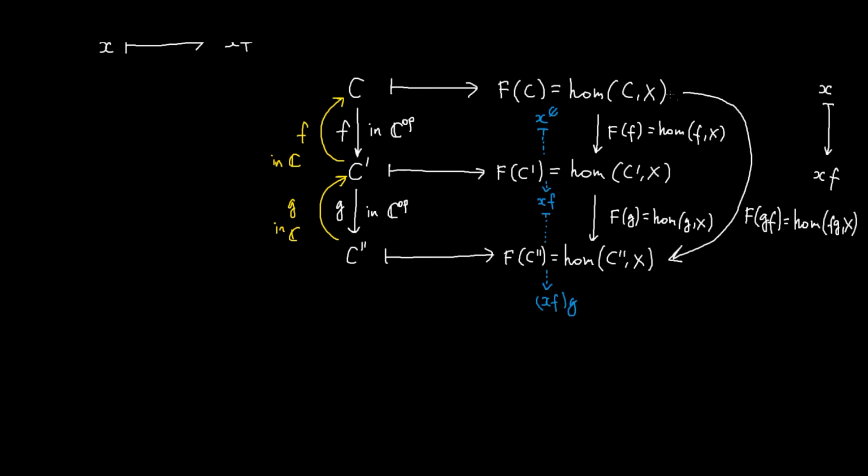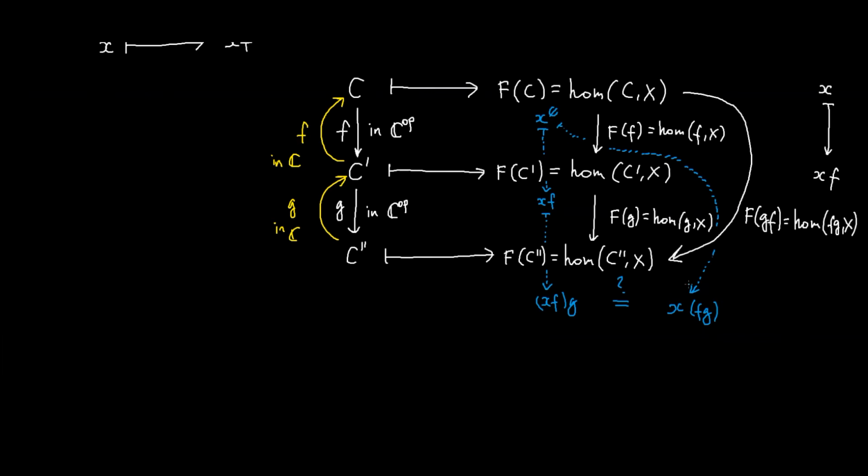On the other hand, with the other mapping, x will map to x with fg attached to it, right? Are these two things equal to each other?